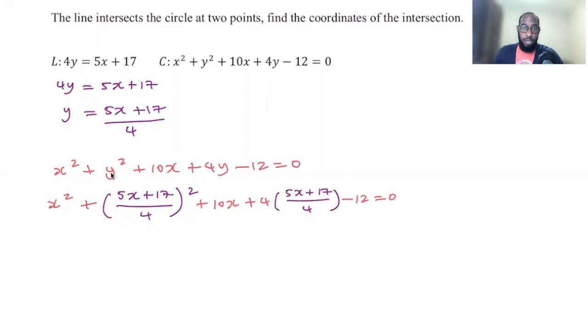So I have y here, 5x plus 17 over 4, and I have y here, 5x plus 17 over 4. Now this looks a little complicated, but it's not that complicated. Once you know what you're doing, it's not all that complicated.